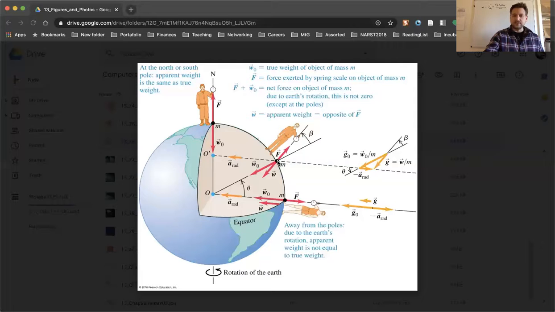So an object at this point is describing a circle at some latitude, I don't know, 30 degrees north or something, which means there is some radial acceleration. Let's talk about an experiment done at the equator. The math is a little bit nicer to us there.